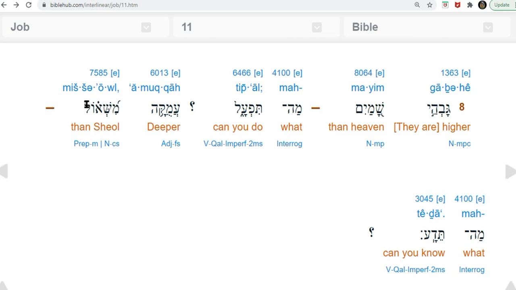And so from Sheol, sometimes in the Bible they'll say this is hell. And a lot of people say Sheol is heaven. It's the place you go after you die. But in the book of Amos, Sheol is a place of creation. Sheol is not deeper.